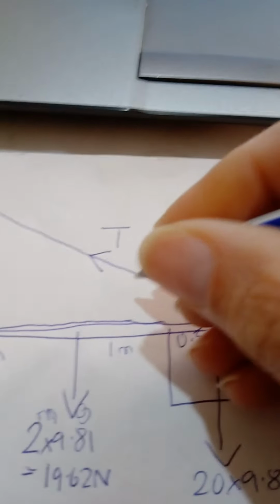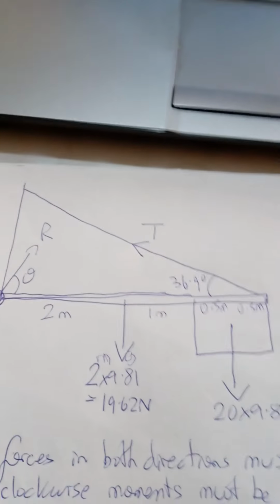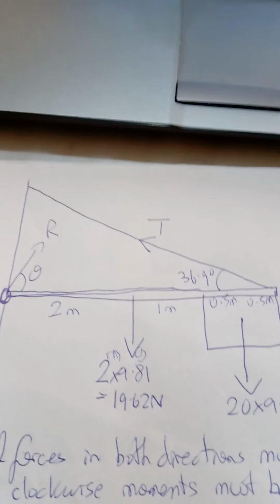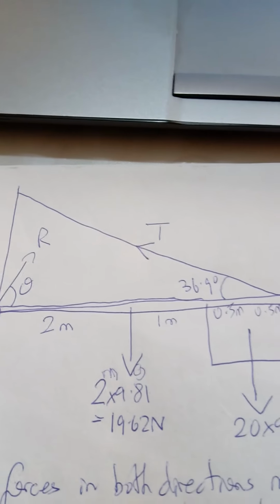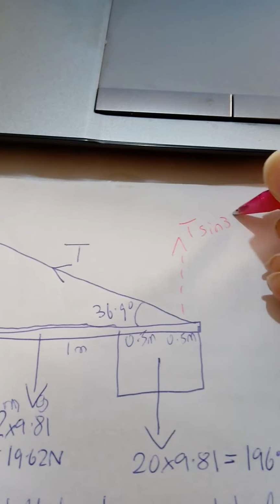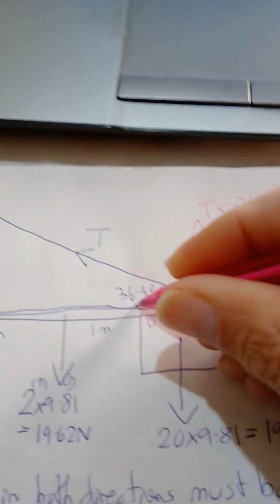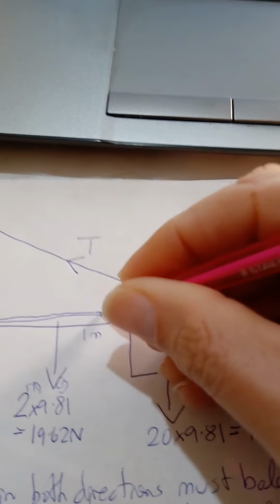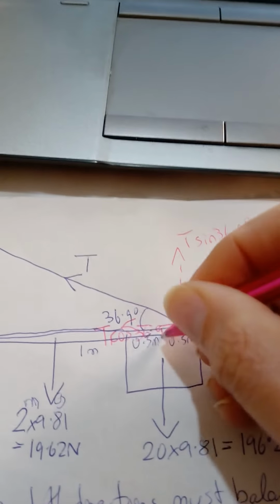So now in the diagram I'm going to insert 36.9 degrees because I found that angle. Again, I need components of the forces which are not vertical or horizontal. For the tension, I'll write down T sine 36.9, and to the left I've got T cos 36.9.